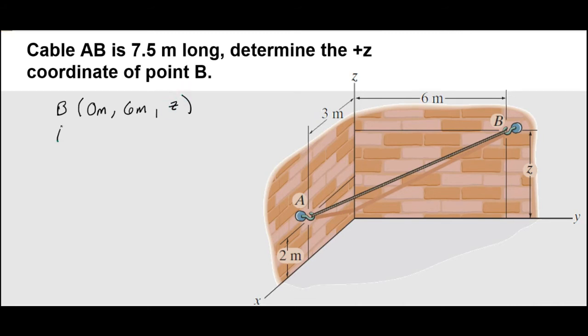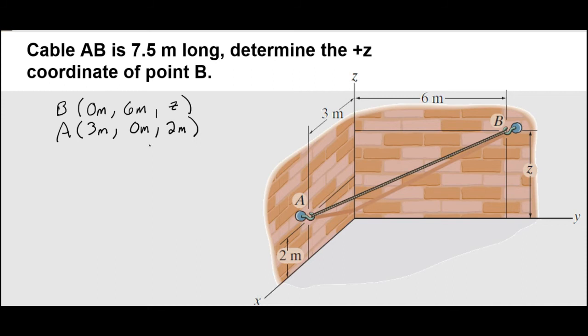And the coordinates of A are 3 meters in the x direction, 0 meters in the y direction, and 2 meters in the z direction.